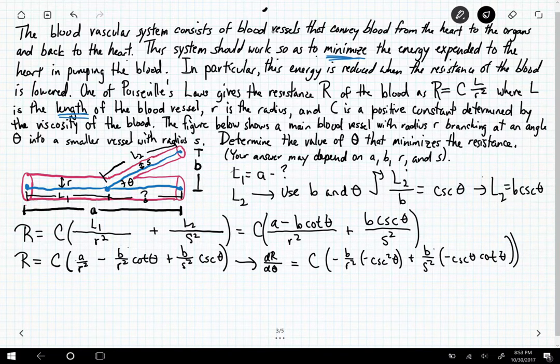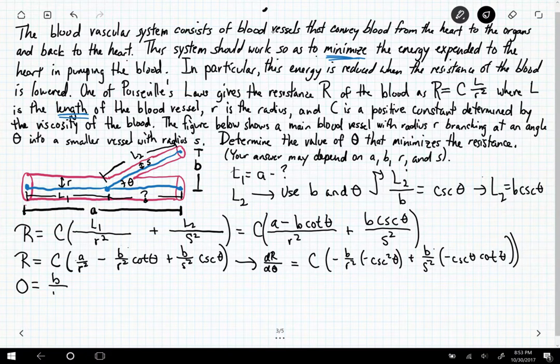And this is what freaks a lot of people out: you see all these A's, B's, R's, S's. Most of that stuff is constants. The only thing that's a variable here is theta. As soon as we figure that out, life is good, right? So now moving forward from here, how do we do this? Well, we set this thing equal to 0. So 0 equals, and notice we could divide both sides by c right away, so actually the c isn't even going to matter. You have a negative times a negative, that'll make a positive in that first case.